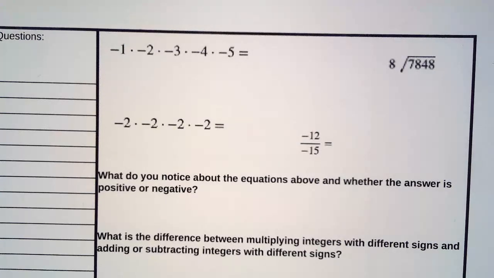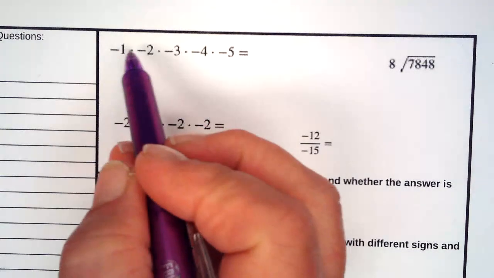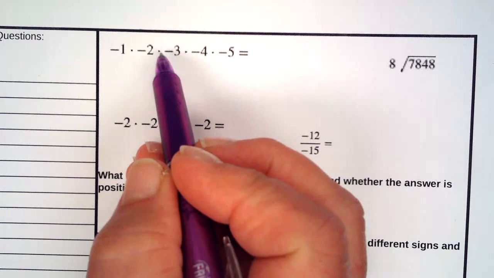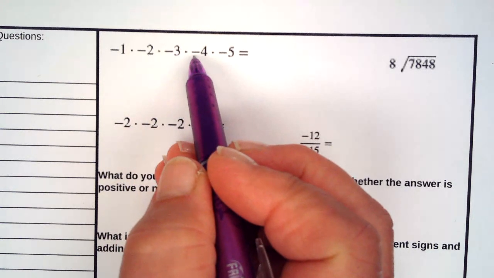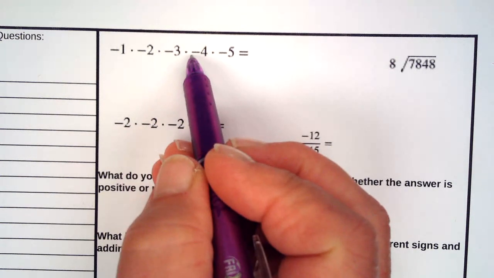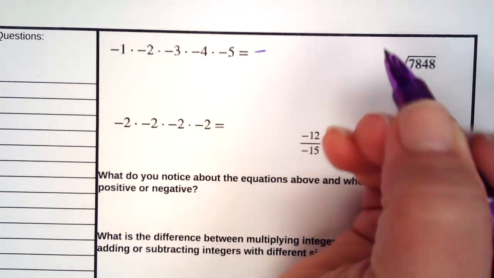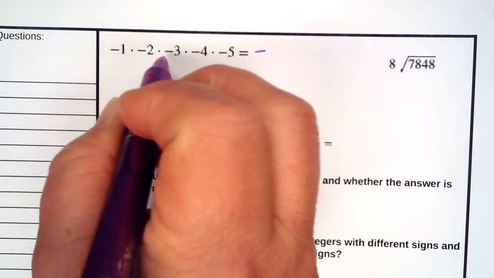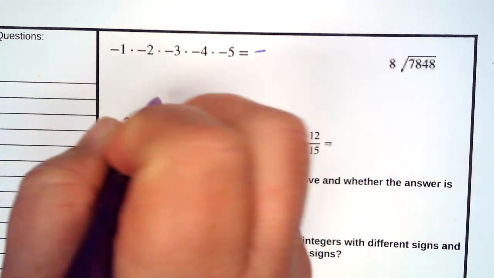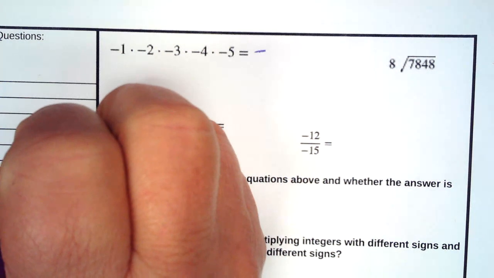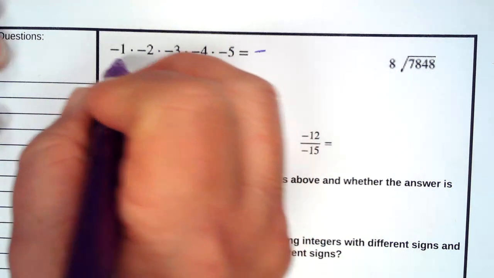Now, what I'm going to do is just simply to look and think. Negative times negative is a positive. Positive times negative is a negative. Negative times positive, or negative times negative is a positive. Positive times negative is a negative. So, 1, 2, 3, 4, 5. I've got 5 of the negative symbols, and I'm multiplying them together.